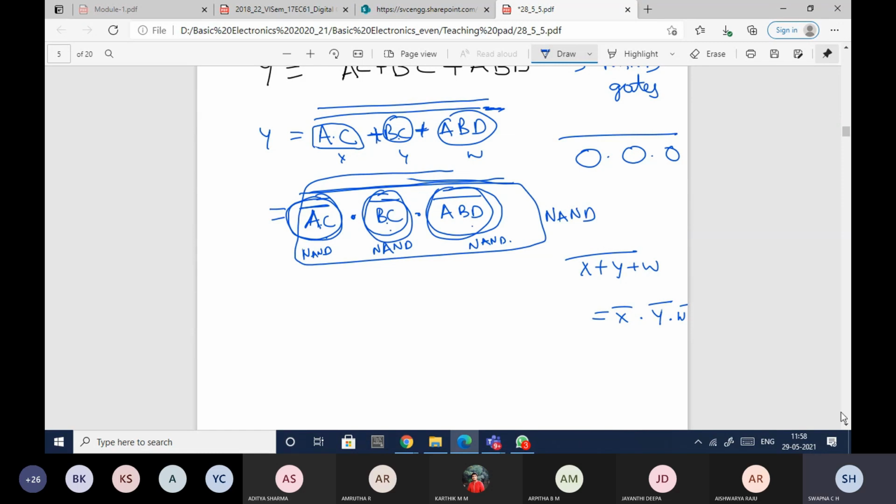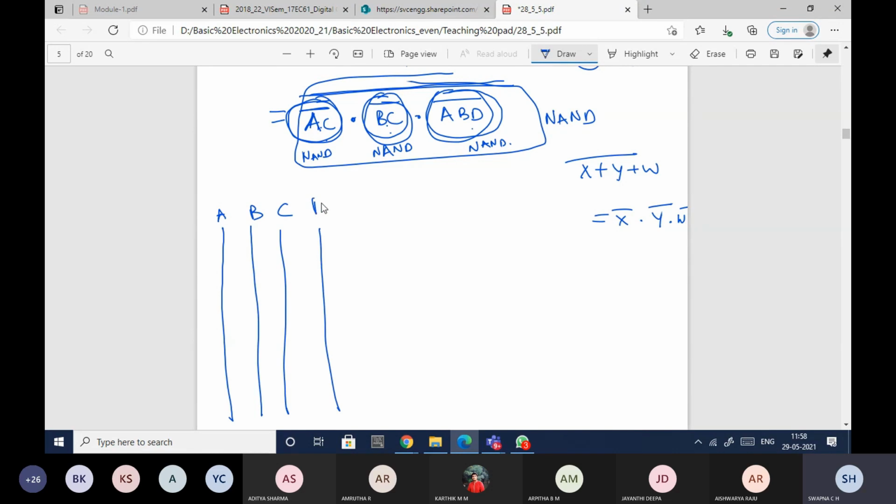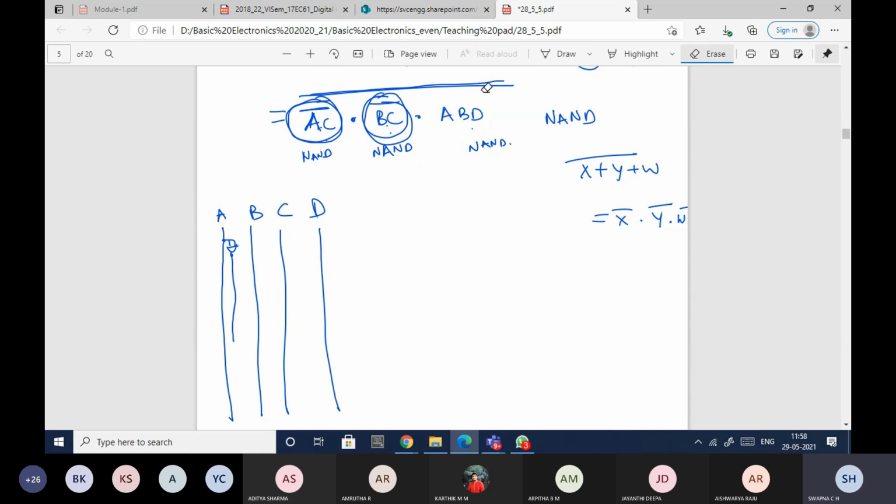So let me draw the circuit. A, B, C, D, I'll take 4 lines. I don't want a bar here, so I'm not connecting it in this way. I don't have any A bar in this equation, so I'll not take any A bar.